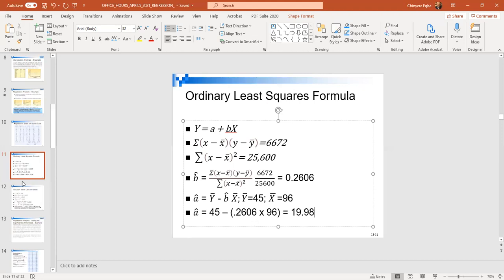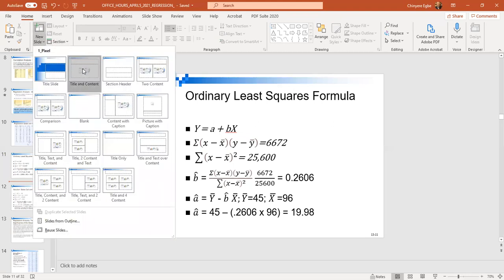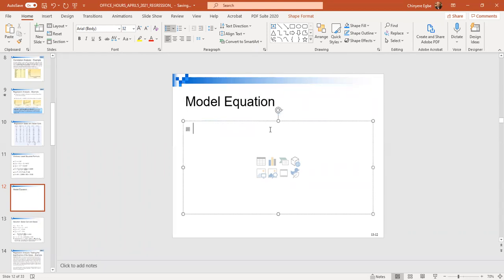So we're going to use this to create what you call a model equation. We're going to create a model equation now that we have estimated this.